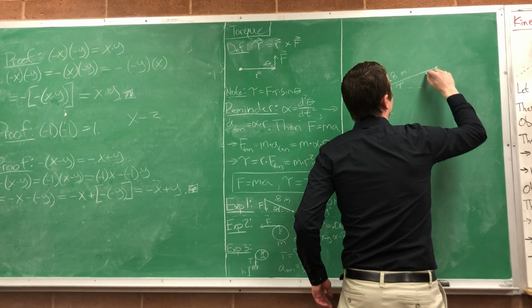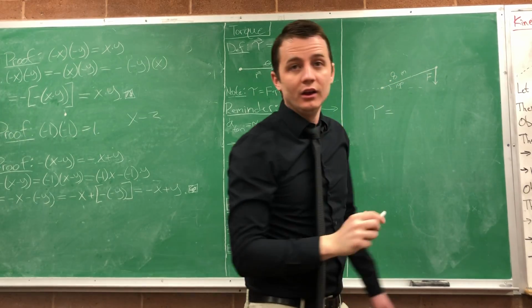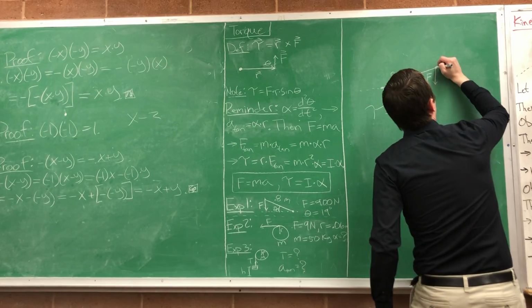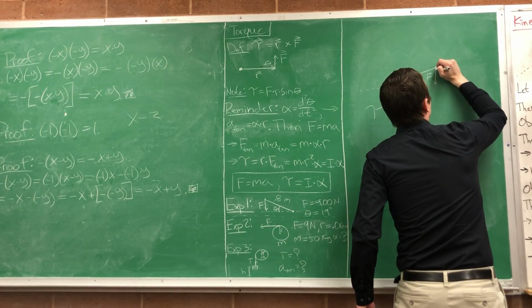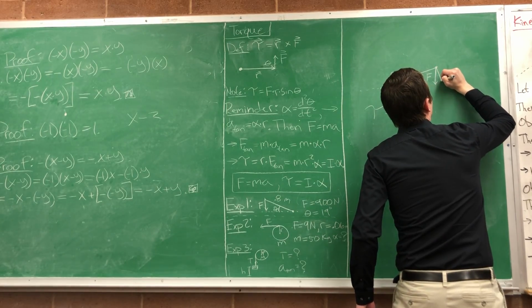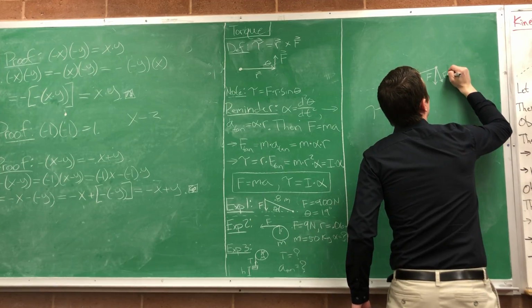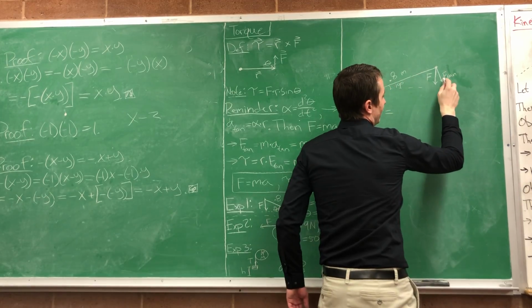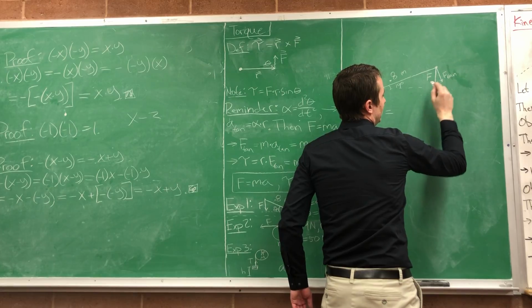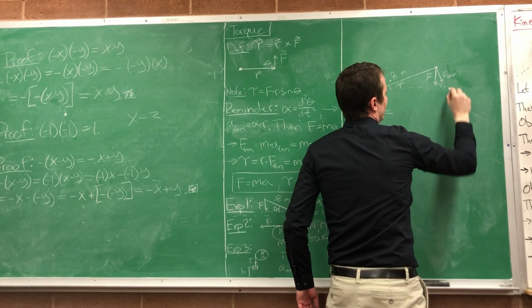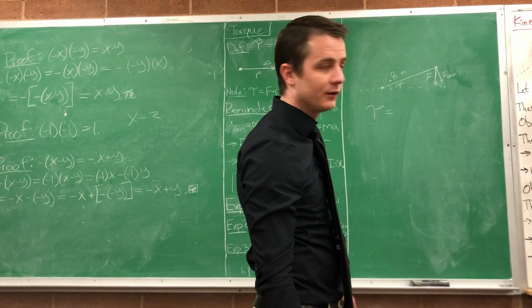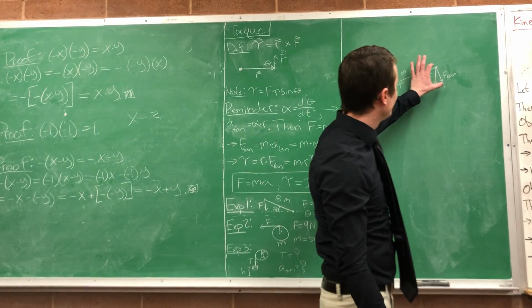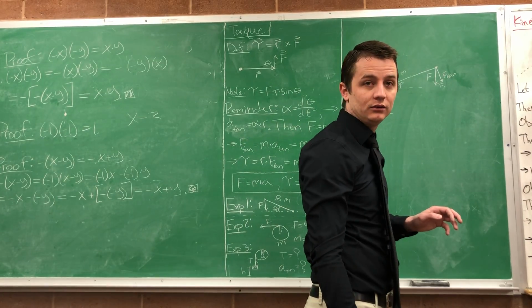So here's our F, right? Here's the component of the force that's perpendicular to this, F tangent. And then here's the other force that does nothing, we'll call it the x direction. And it's this component of the force that we care about, right?